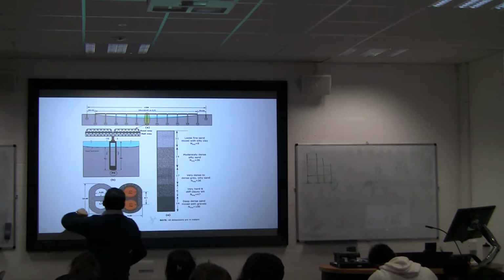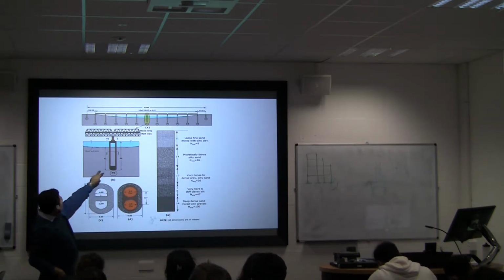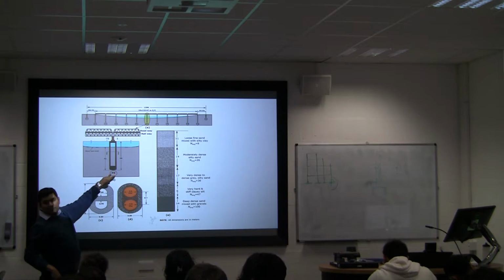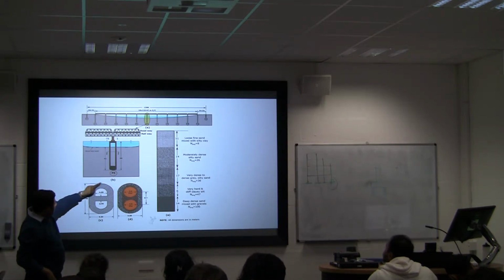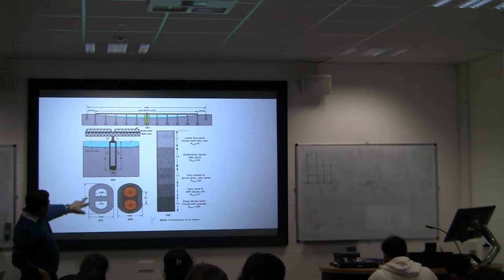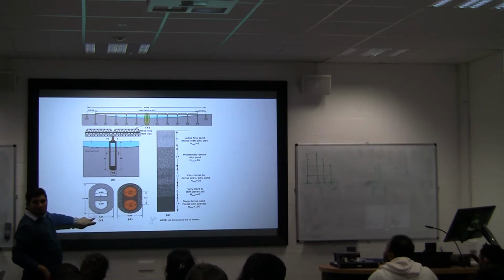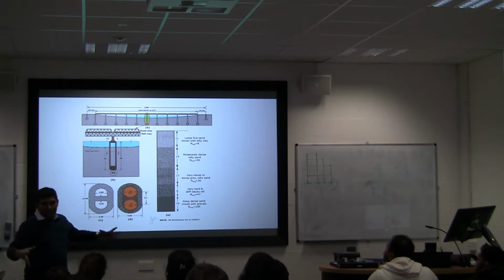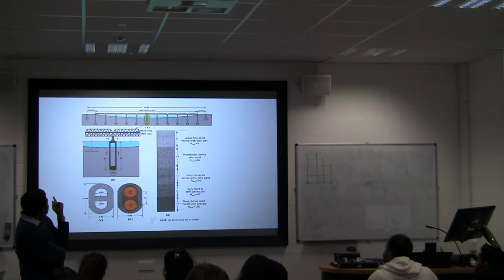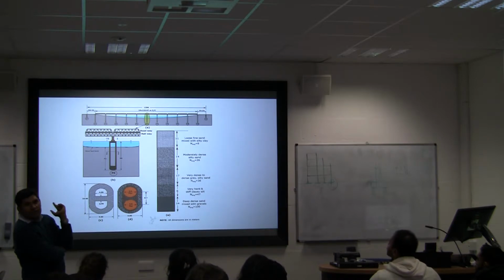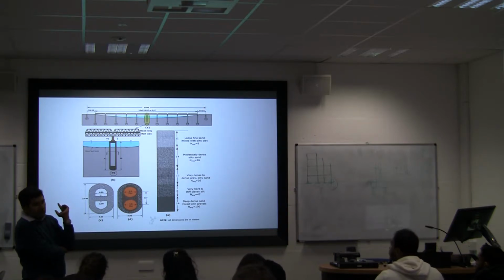The foundations are 41 meters below water level, and the double D shape is 16.4 meters by 10 meters. Massive thing, right? The reason is that this is a very high seismic zone.